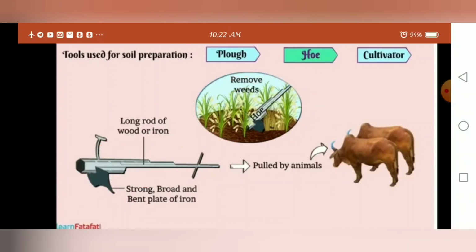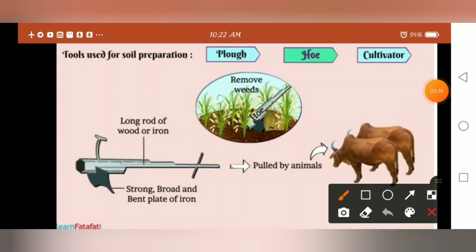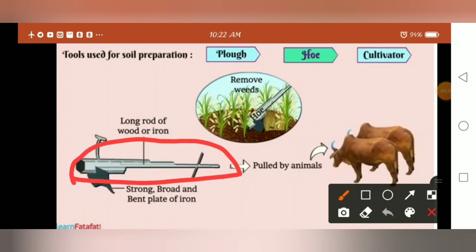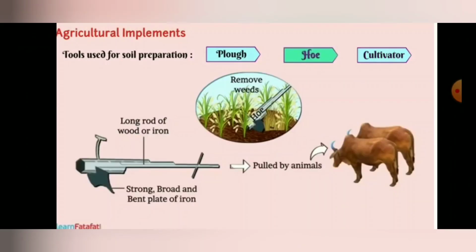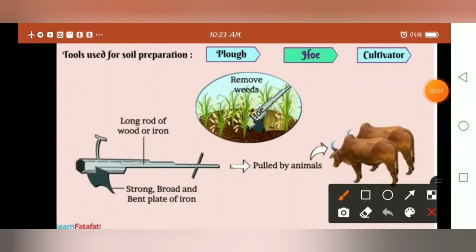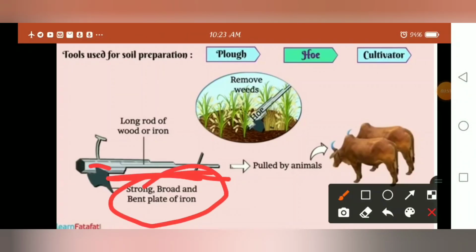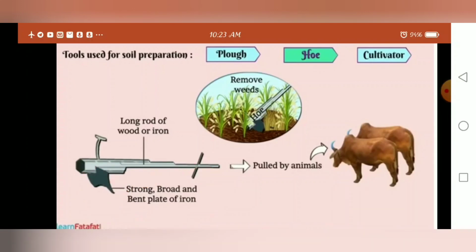It has a long rod, made of either wood or iron. A strong, broad and bent plate of iron is fixed to one end of this implement. See, one end of the rod is fixed with a strong and broad bent plate.